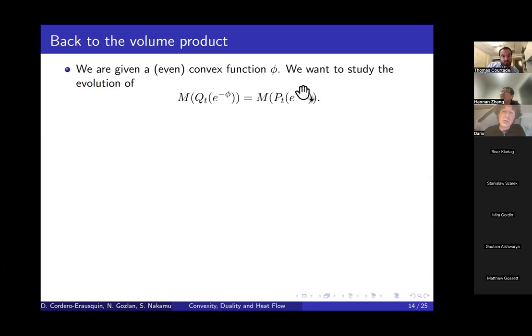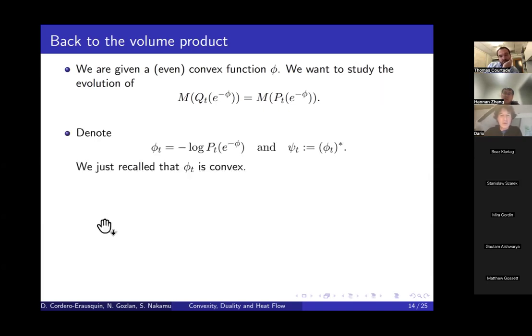So I will rather use the heat flow just for simplicity, but you can do the same with the Fokker-Planck flow. So I call phi_t minus the log of P_t of e to the minus phi. And so we just checked that this phi_t is indeed a convex function. And I will use the notation psi_t for the Legendre transform of phi_t.